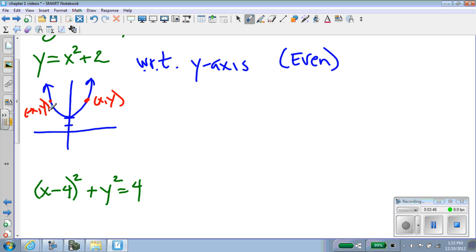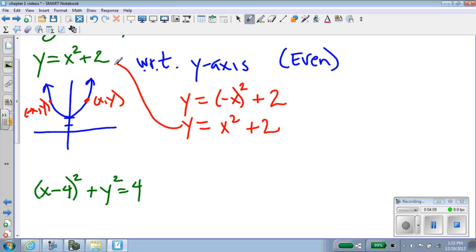The reason I mention that is because if you didn't draw the graph and visually check for symmetry with respect to the y-axis, you could do it algebraically by plugging in the opposite of x for x into the original function and showing that when you do that simplification, it is exactly the same as the original function or equation.